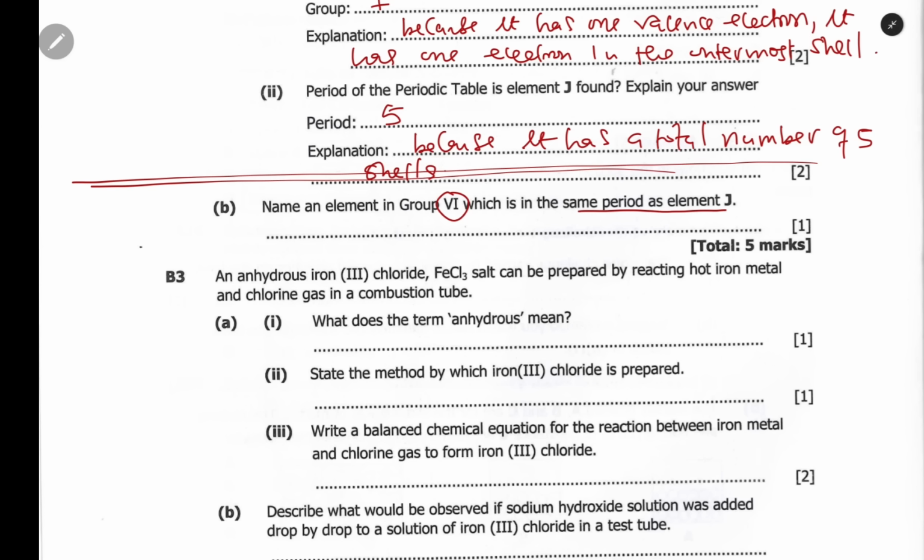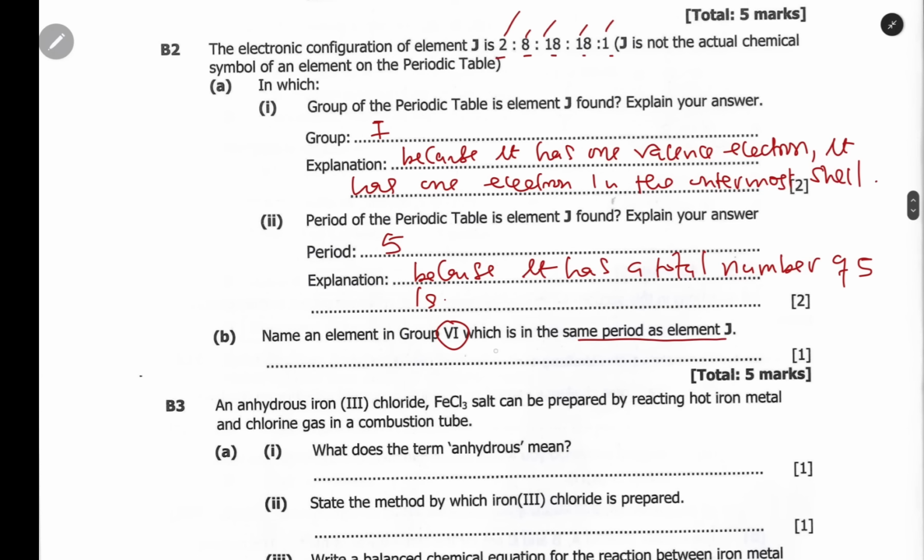Then you go to group 7 and draw a line, and where they meet, surely you find it. So in other words, here the element is tellurium. I guess you'll be able to do that and answer these questions correctly.